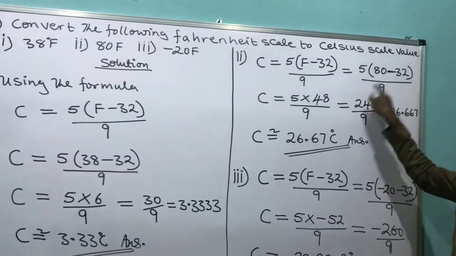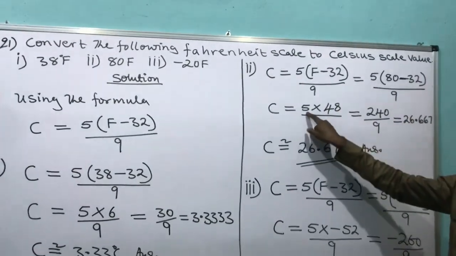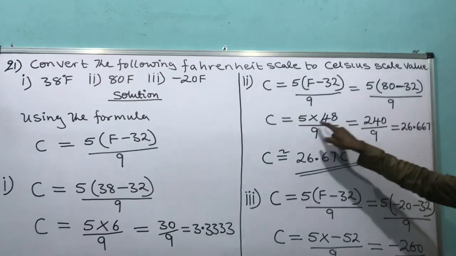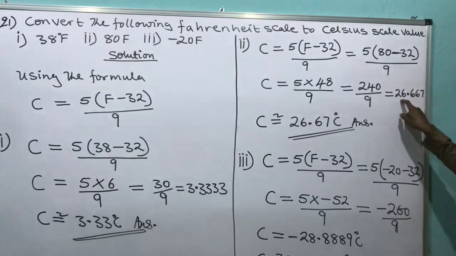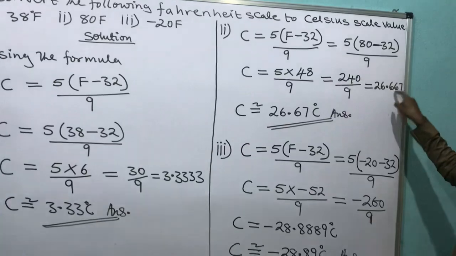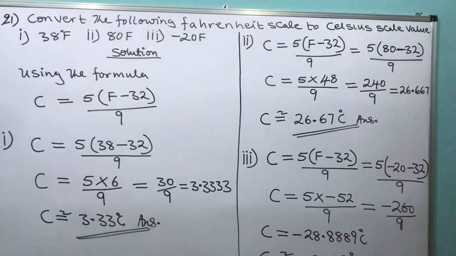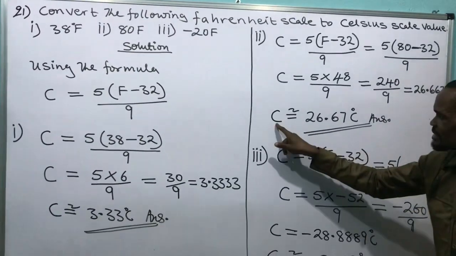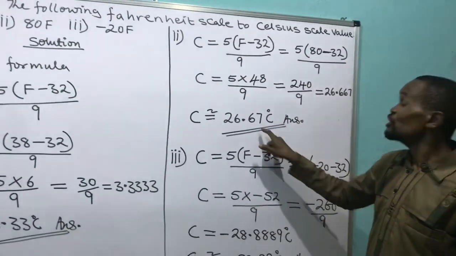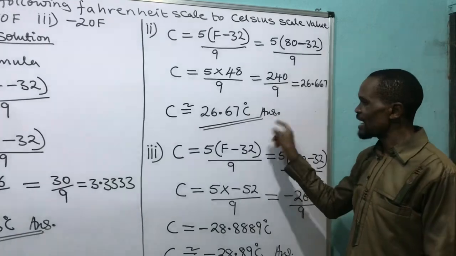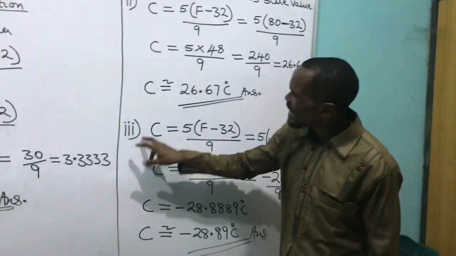Then 80 minus 32 gives me 48, times 5 divided by 9. 48 times 5 gives me 240, divided by 9, and that gives me 26.6667, with the 6s repeating to the end 7. Then I would answer C is approximately 26.67 in 2 decimal places, degrees. That's my answer.